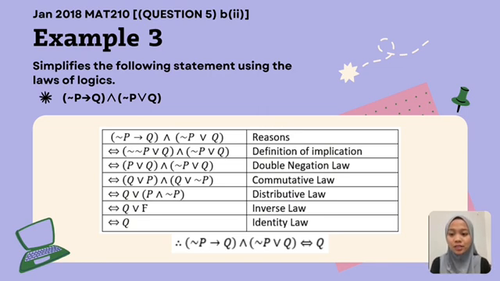It is because we have the P and not P. So the answer is Q or F. So the last step is we need to apply the identity law because of Q or F. So the answer is Q. Therefore, not P implies Q and not P or Q is logically equivalent to Q.